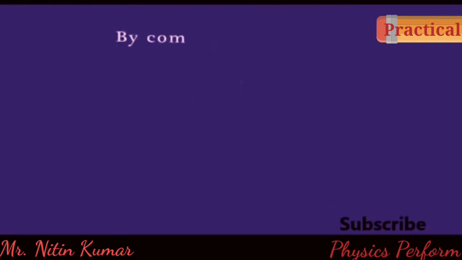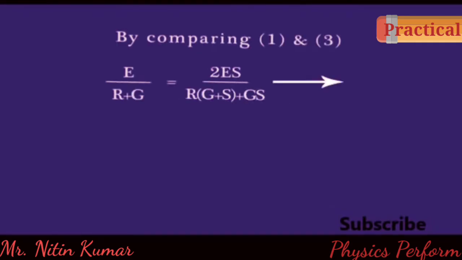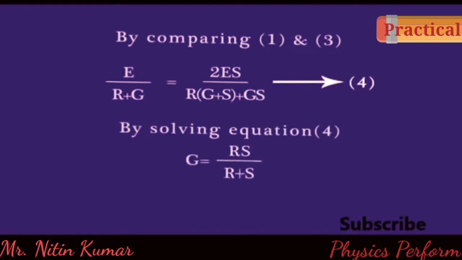So, by comparing the equations 1 and 3 and by solving equation 4, we get the galvanometer resistance G is equal to R into S by (R plus S).